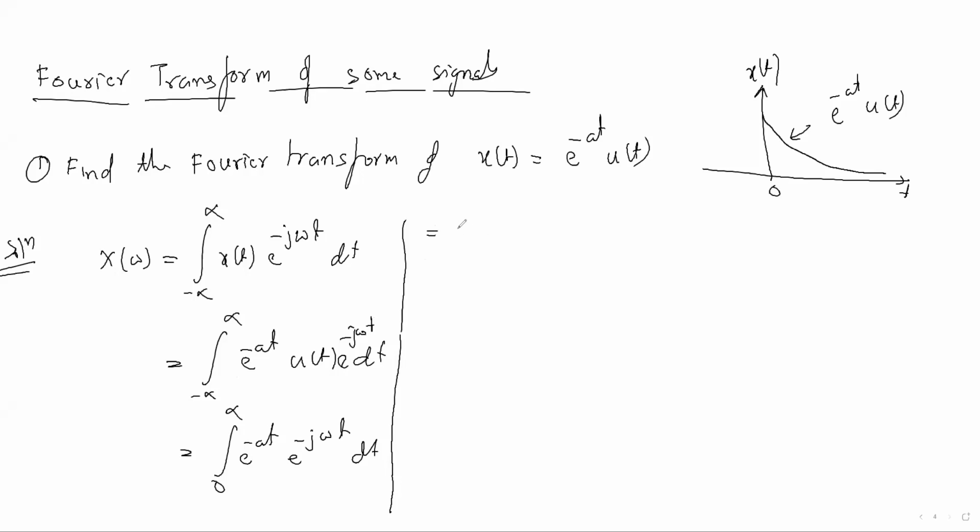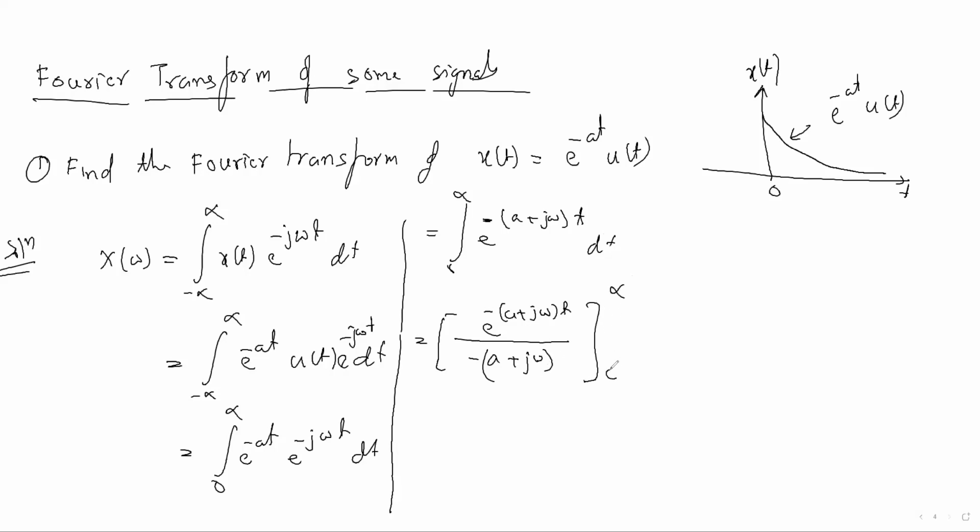Then from 0 to infinity, take minus t common: e to the power minus (a plus j omega) t dt. When you take the integration, it gives e to the power minus (a plus j omega) t divided by minus (a plus j omega), with limits from 0 to infinity.